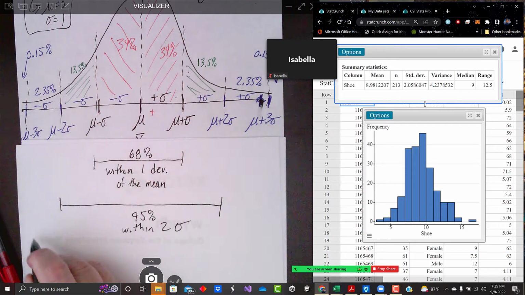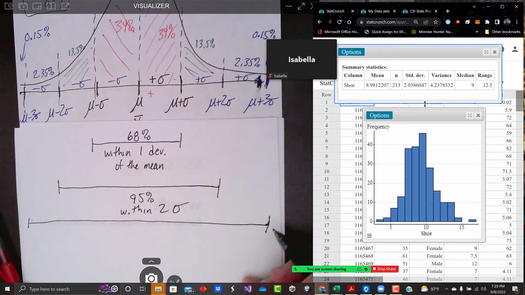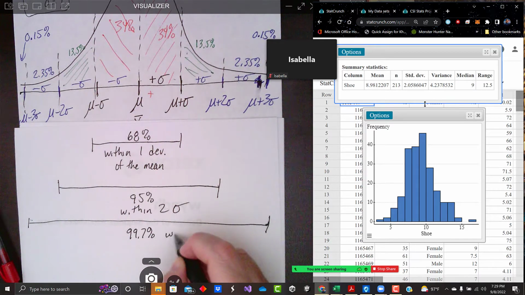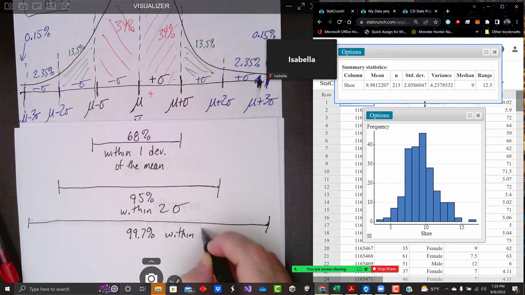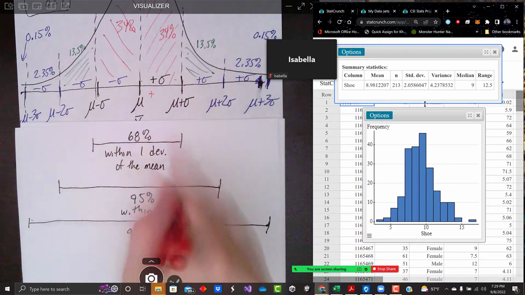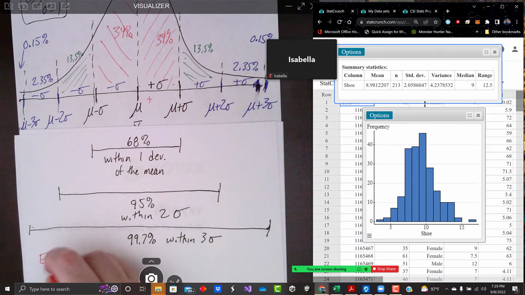And if I go out to 3, 99.7% is within 3. This data breakdown that I did on the graph here is called the empirical rule.